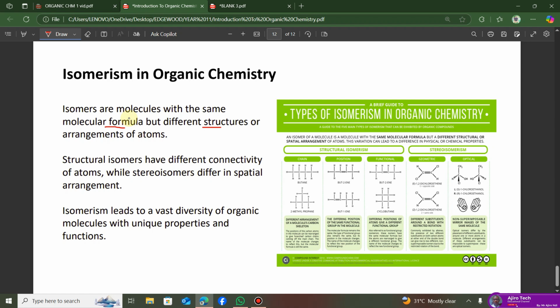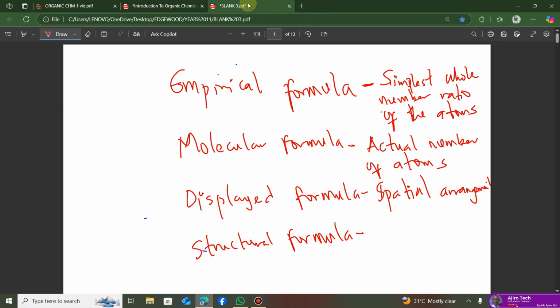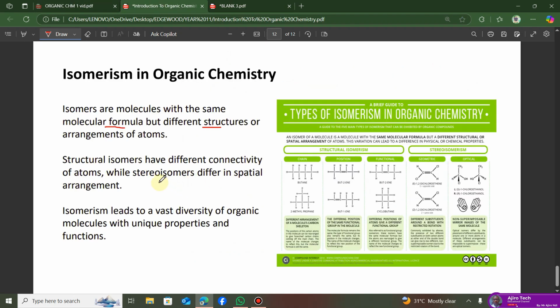That is, you're going to have two organic compounds having the same molecular formula. What do we say a molecular formula is all about? It's all about the actual number of atoms. So you're going to have two compounds with the same number of actual atoms there, but the way they are displayed would be different. And that is what structural isomers are about.